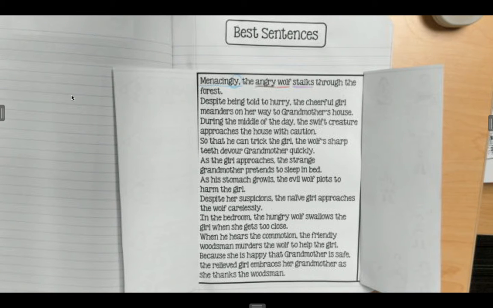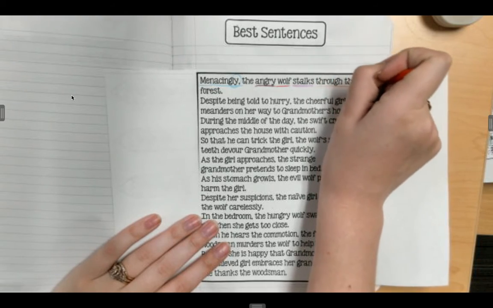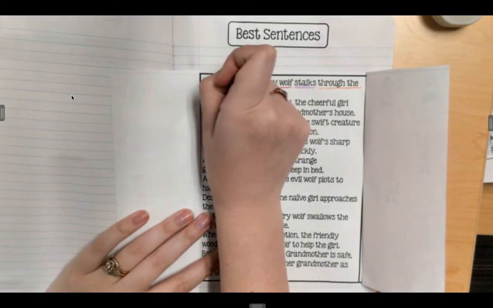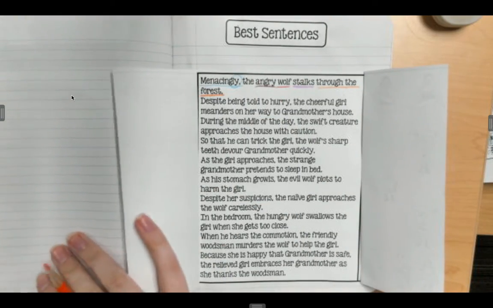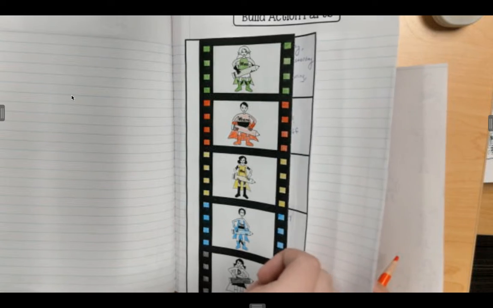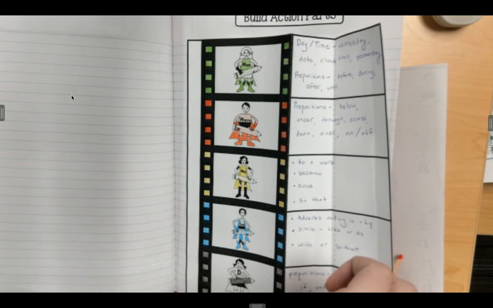Through the forest is underlined in orange, since where is orange. You are welcome to turn back all the way to our building action parts page, where it will show you all of our how, when, where, why, and doubt words.